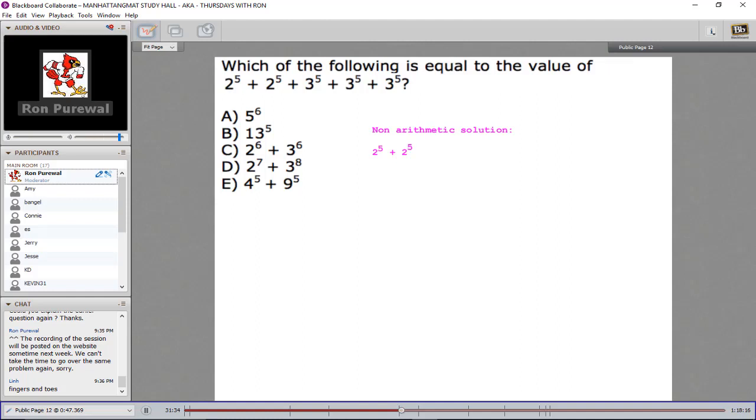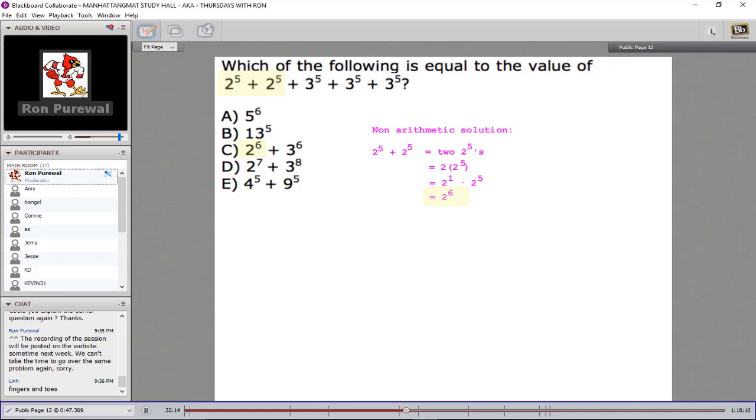then this means you have 2 to the 5th twice. So this is 2 times 2 to the 5th. But 2 is 2 to the 1st. So that's why that works out to be 2 to the 6th. So these terms are that term. And the same sort of thing is true here too.